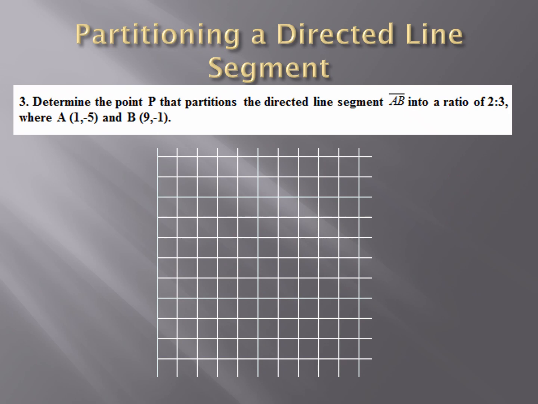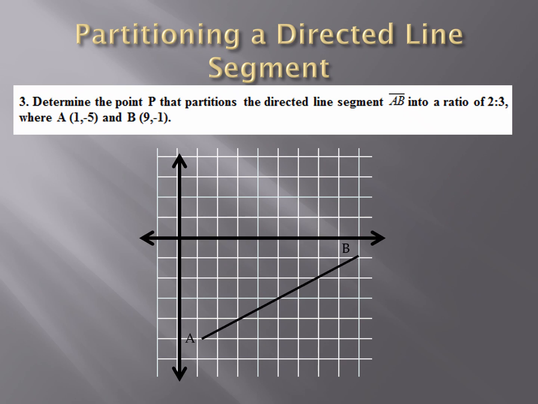Okay, let's do another example. Again, start by plotting the segment and drawing your vertical and horizontal distance. From there, you're going to look at your ratio and find the total amount of pieces you're going to need. As you can see, it's 2 to 3, so it's going to be 5. Then from A, you count how many boxes there are, and as you can see, there's 8.